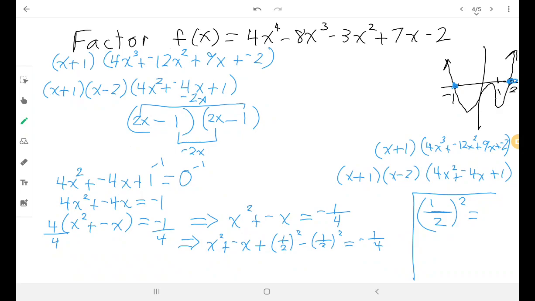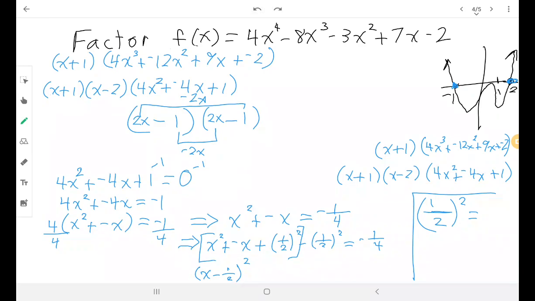Now the reason I'm doing that is because this is my completed square. And it will look like this. X, and then this, so x minus this number, 1/2, all squared.